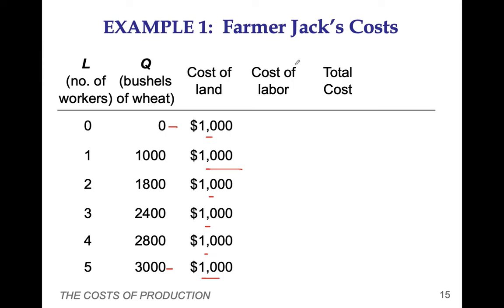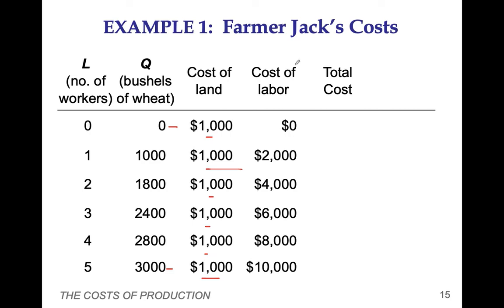The cost of labor, how do you think it will vary? Of course it varies. As the number of workers increases, the cost of labor is going to increase because we have to pay more and more wages. So here, unlike the cost of the land, the cost of labor varies according to the level of output.